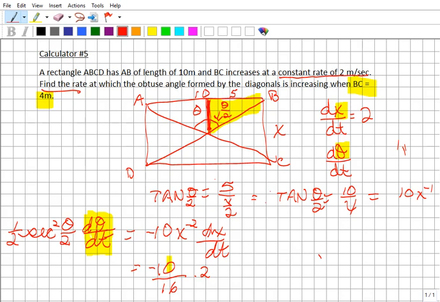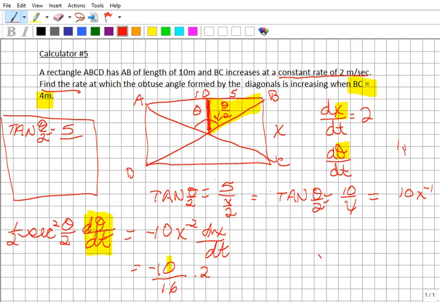Now, we don't know theta, so we're going to have to take a time out here. And I'll draw a little box. We're going to find theta. And in order to find theta, we look at that yellow triangle again. We know that the tan of theta over 2 is 5 over x over 2. And x, remember, was 4.